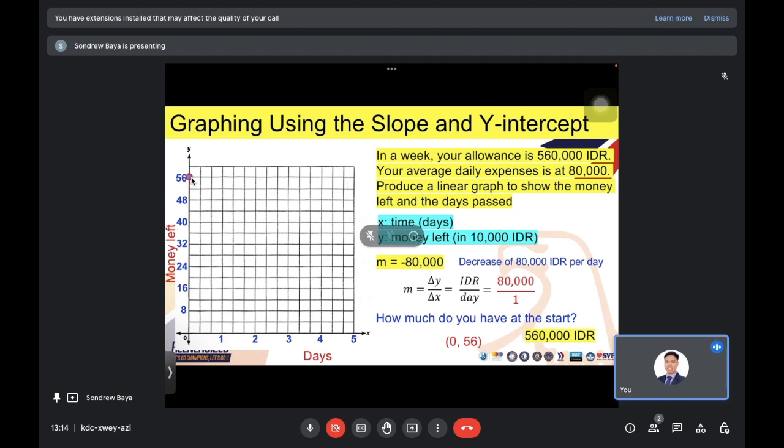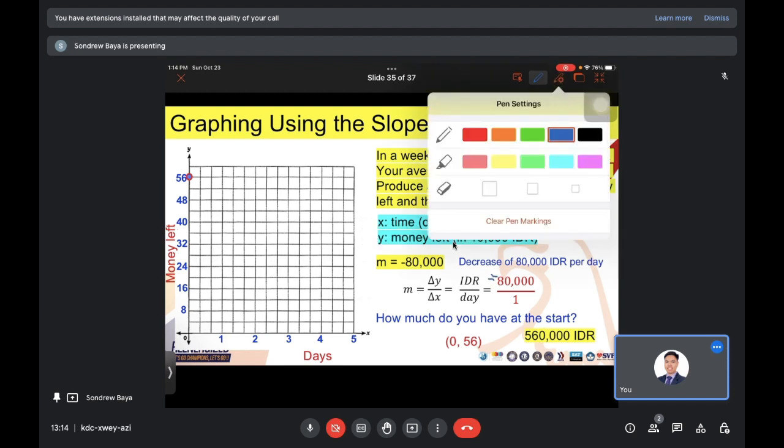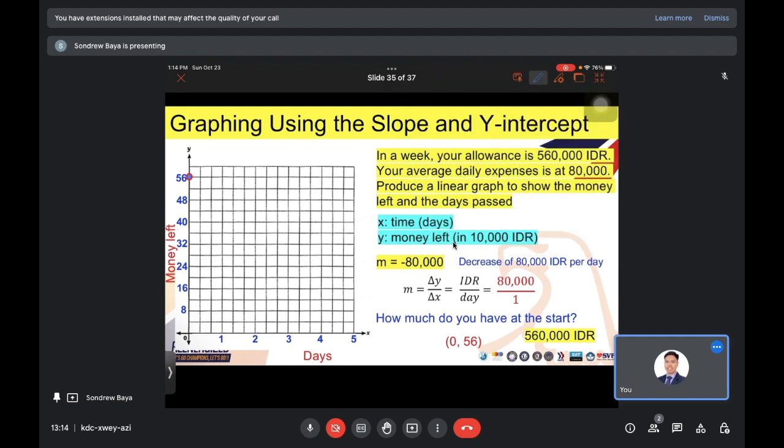Now, take note, to find the next point, we have to interpret the slope. The slope says, by the way, this is negative: negative 80,000 per 1 day.